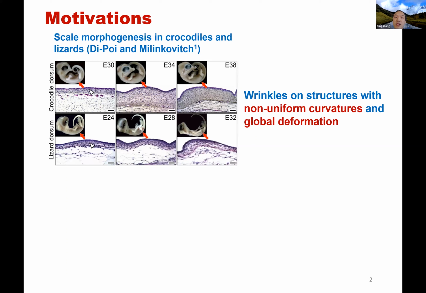But people are still arguing whether it's a wrinkle or other biological or chemical factors that induce this pattern formation. But one thing you can see is that you have very complicated geometry and non-uniform curvature. And when you grow, you also see global deformation.